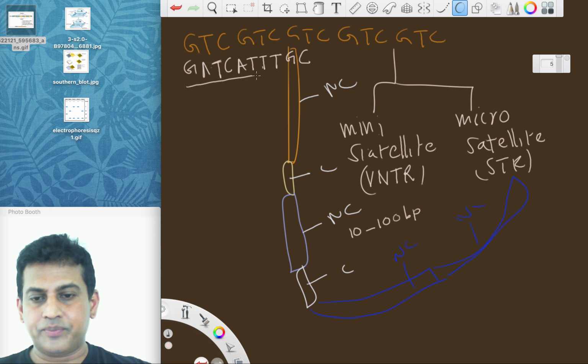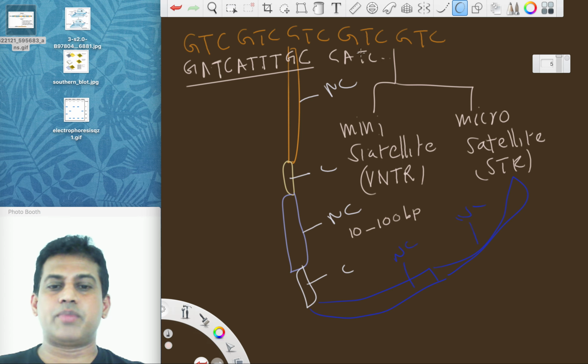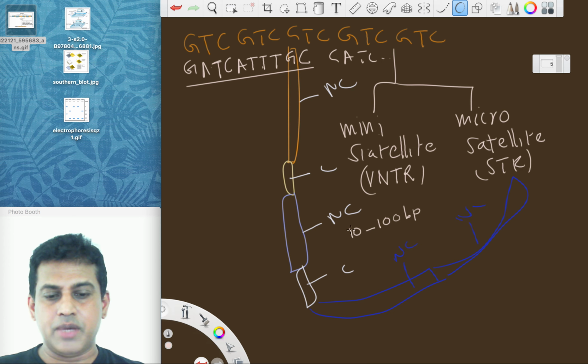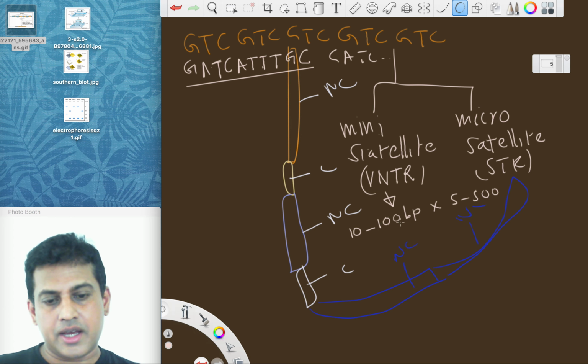So this sequence repeat again like this G, A, T, C, likewise it's repeating. So that's 10 base pairs, and that could be repeat maybe 5 to 500 times. That's a mini satellite. So they have a quite large sequence which repeating again large number of times.